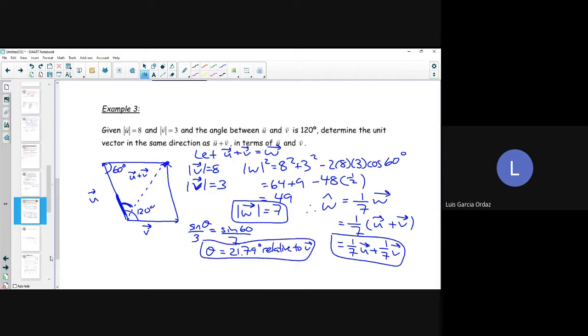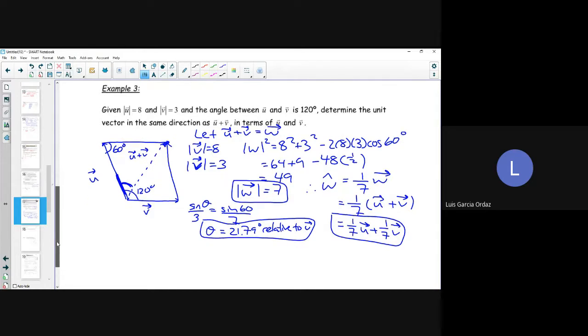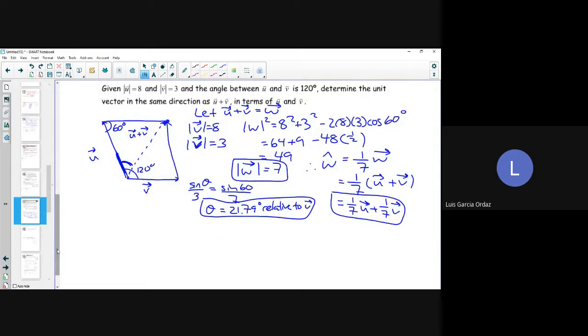So therefore, I have determined my unit vector. I've determined my angle in respect to vector u. So my final statement is going to be, therefore, the unit vector w is equal to 1/7 times vector u plus 1/7 vector v, which is 21.79 degrees relative to vector u.